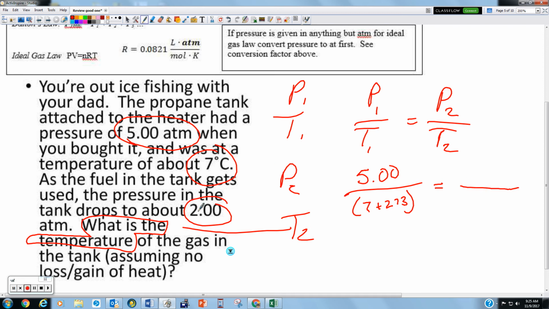equals 2 atmospheres and it's going to be T2.